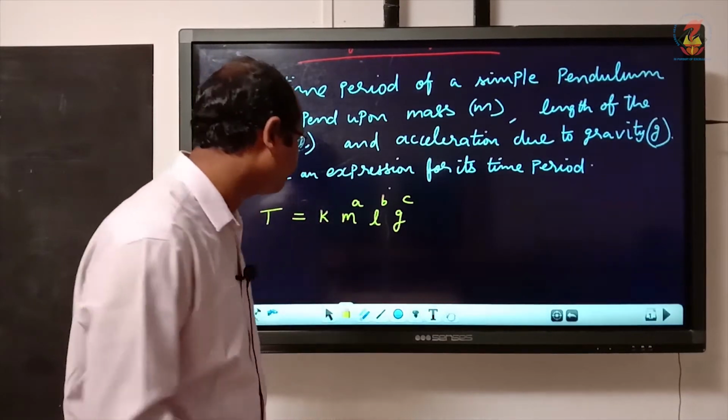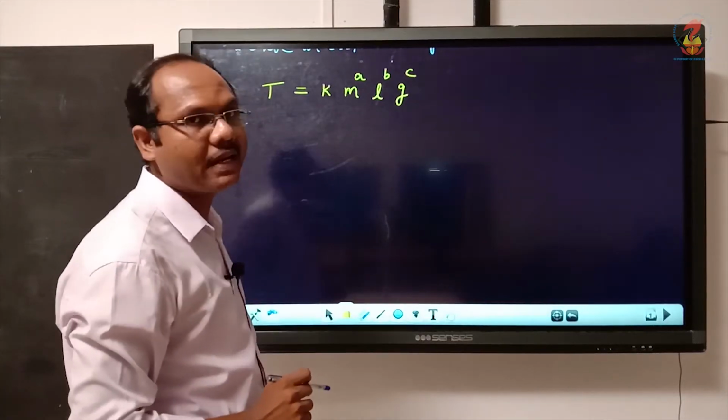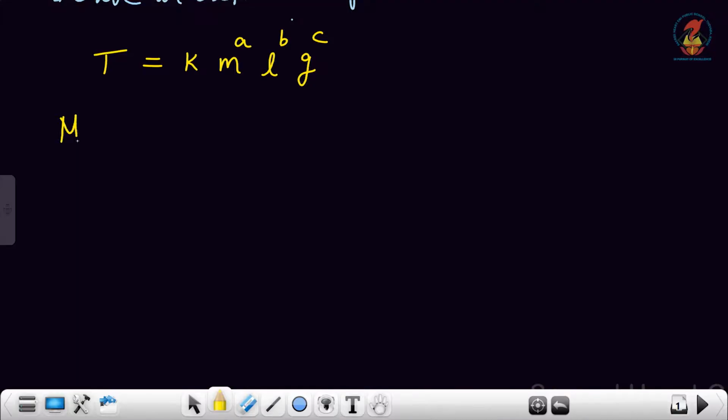Okay, let us see. What is the dimension of time period? T itself. I will write here M0 L0 T1. This is same as T. So I wrote the dimension of time period like this. Constant does not have a dimension. Now what is the dimension of mass?